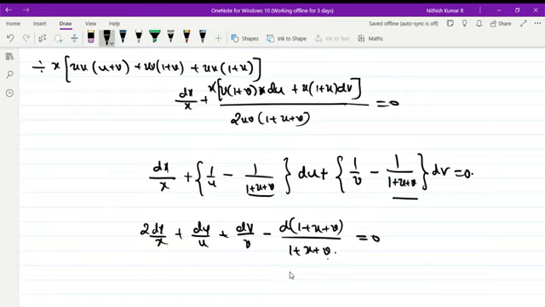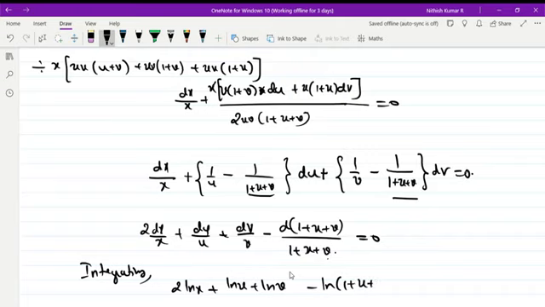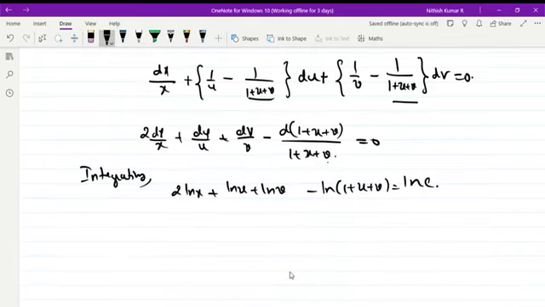Now on integrating we get 2 ln x plus ln u plus ln v minus ln of (1 plus u plus v) equal to ln c, that is x square into u into v divided by (1 plus u plus v) equal to c.